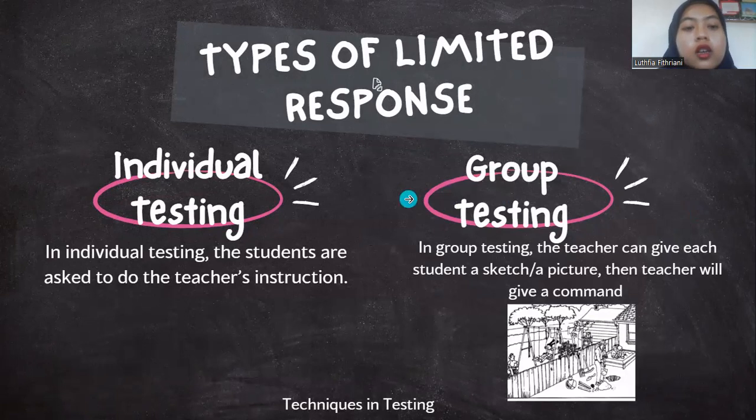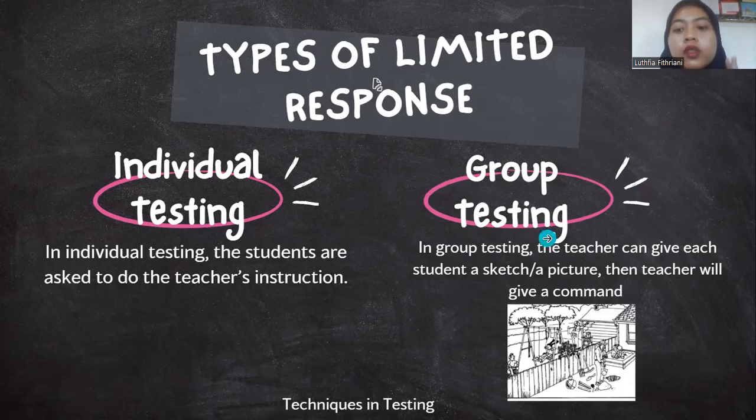What's the difference? In individual testing, the students are asked to do the teacher's instruction. For example, the teacher will say, close the door, and the students have to follow the instruction by closing the door. On the other hand, in group testing, the teacher can give each student a sketch or a picture, then the teacher will give a command to the students.